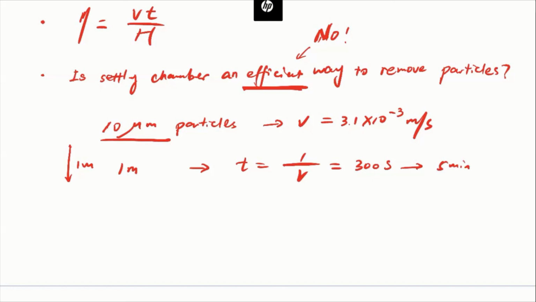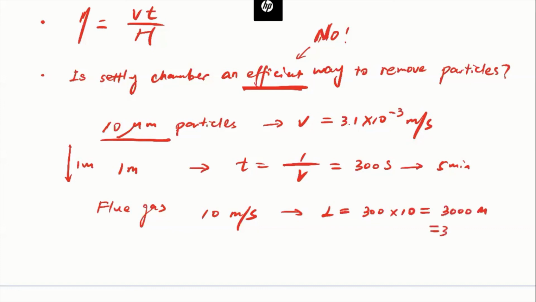Okay, so let's assume that the flue gas coming out of the coal-fired power plant is at a relatively large flow rate, somewhere around 10 meters per second. If it's 10 meters per second, to let these 10 micrometer particles settle down for 1 meter, we have to build a duct that's basically 300 multiplied by 10, which is 3,000 meters.